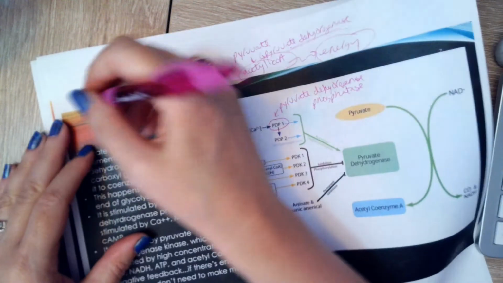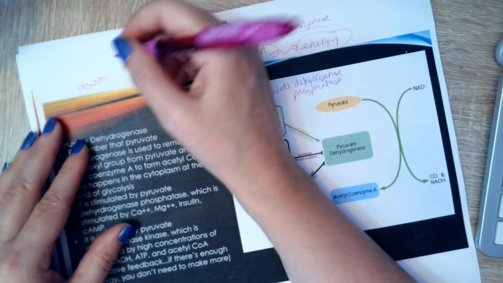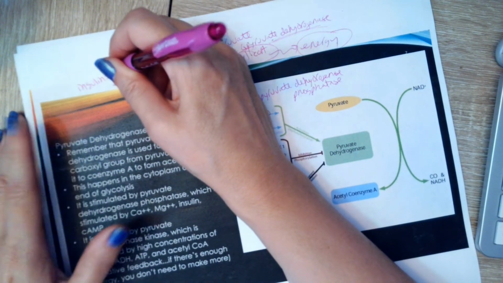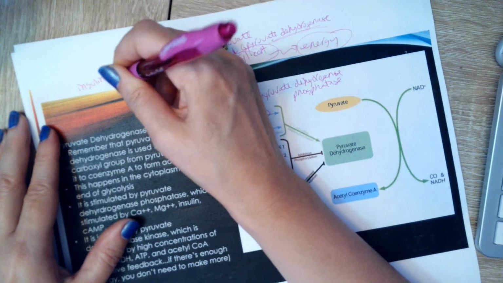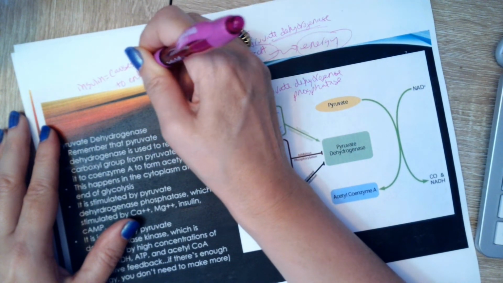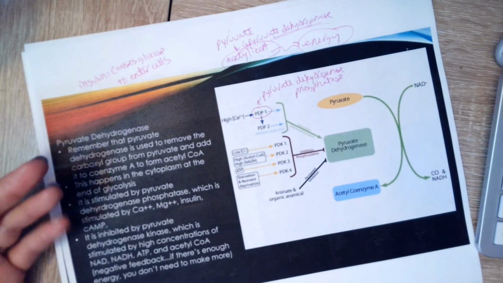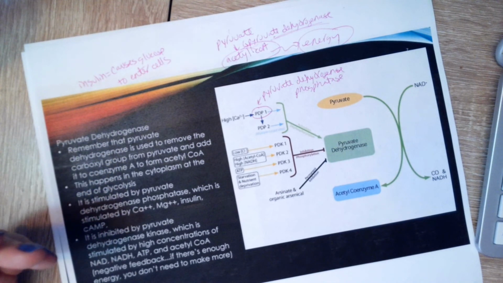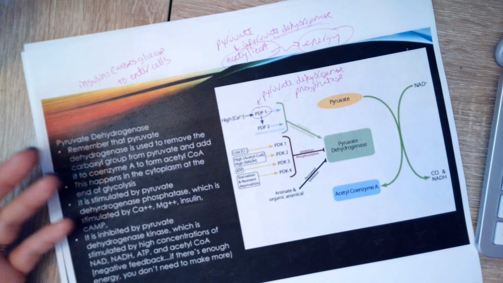Insulin also makes sense. If you think of what insulin is doing, insulin causes glucose to enter cells. So let's say you've just eaten, you're in the fed state, so you're absorbing a lot of glucose from whatever you just ate.